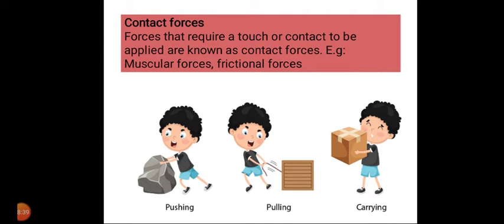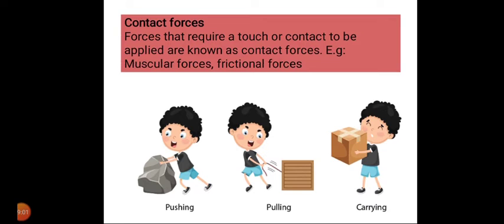When we push the object, the force exerted by our muscles is the muscular force. Since muscular force can be applied only when it is in contact with an object, it is an example of contact force.